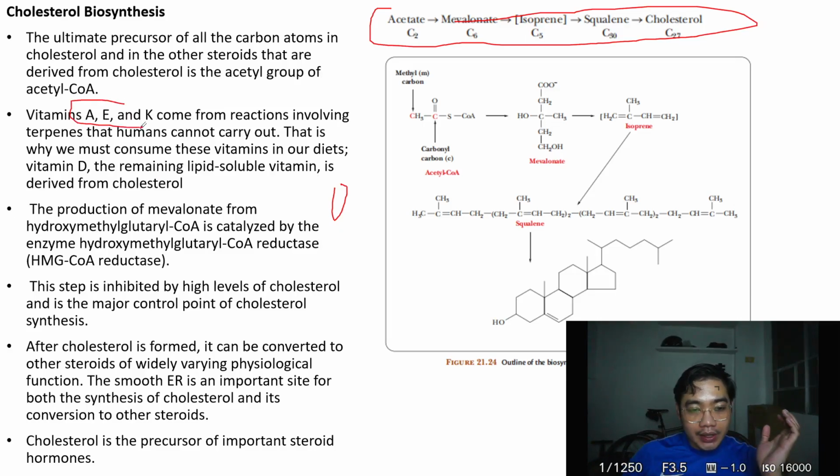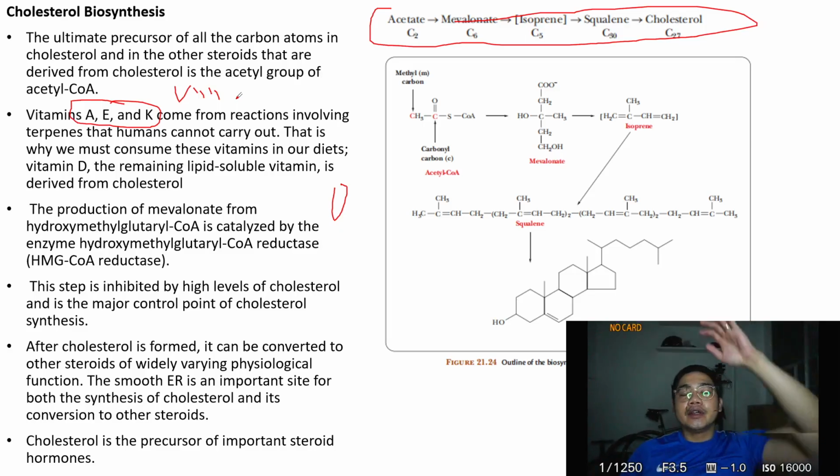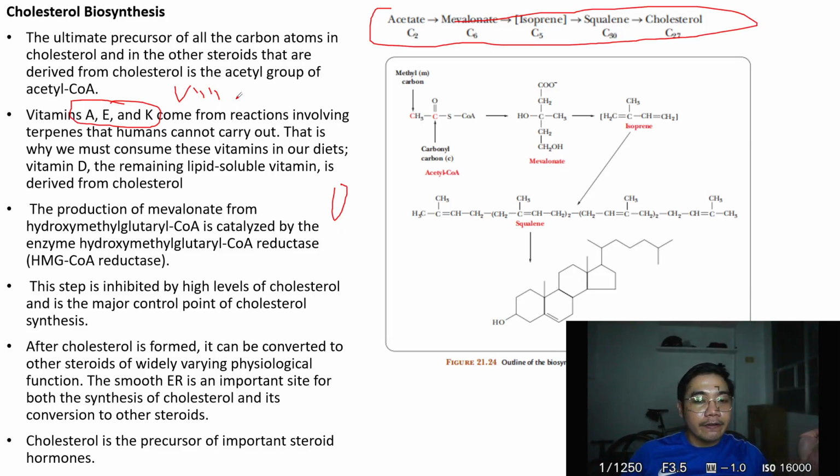So vitamins A, E, and K. Vitamins, like I said earlier, are organic compounds that are needed by your body to function. But the problem with vitamins is your body can't create them on its own.